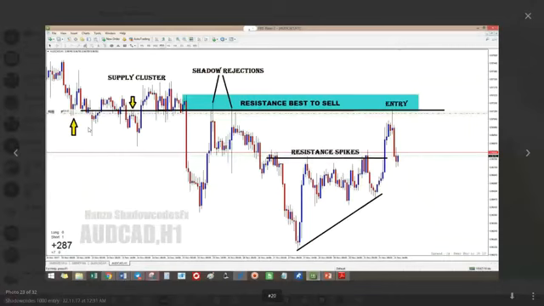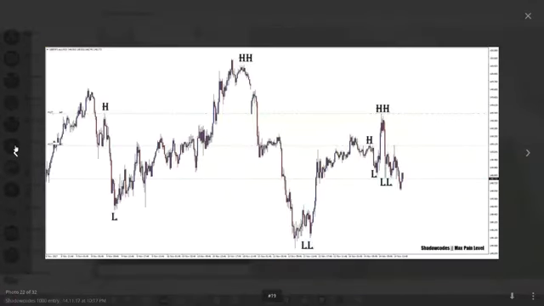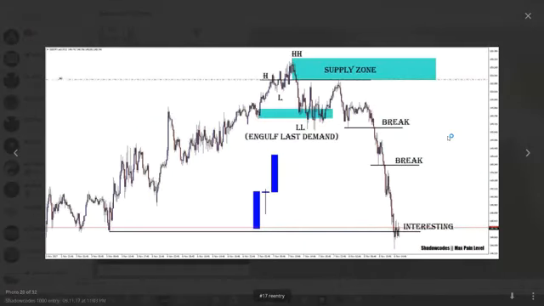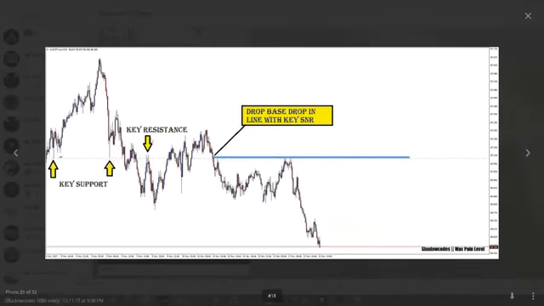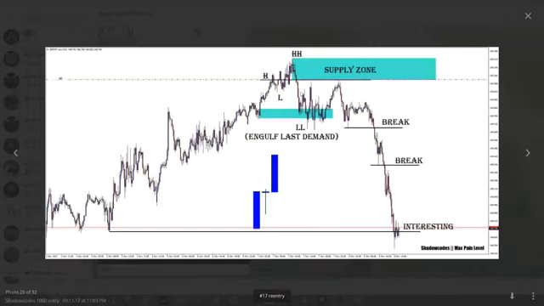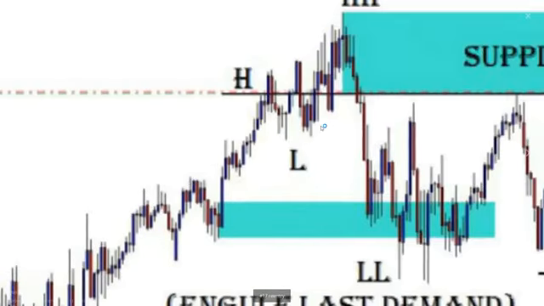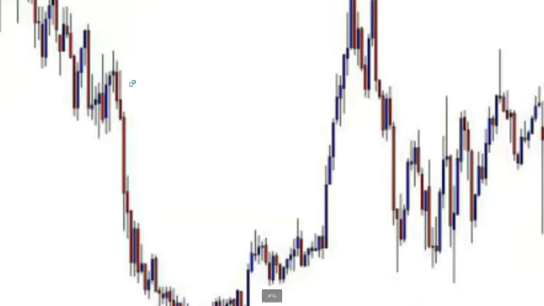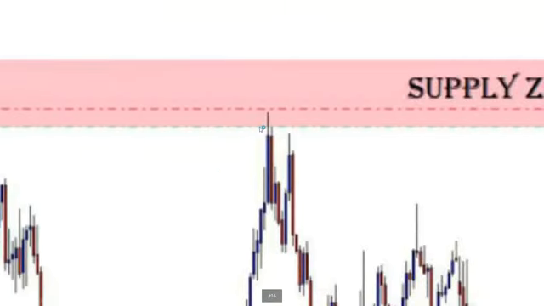This one is on ST3, I will teach later. Okay, this one. Okay, look.